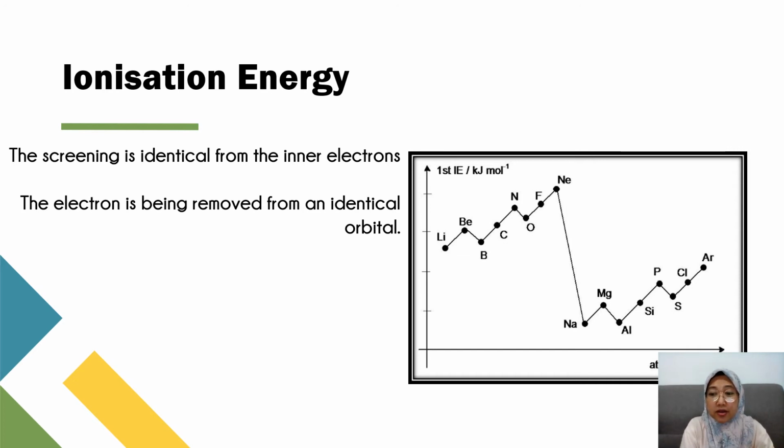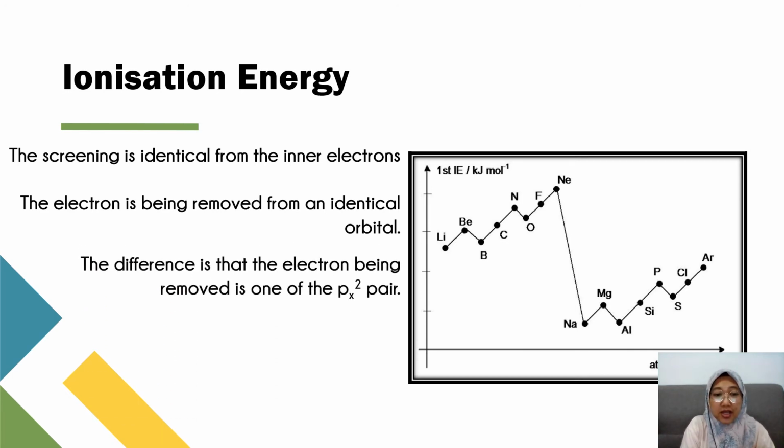Okay, so 4 elektron ni kita akan isi 1 1 and another one is pairing. Okay, so 2 single electron and 1 pairing electron. So the difference is that the electron being removed is one of the paired electrons. Okay, jadi kita akan keluarkan elektron daripada pairing electron first.